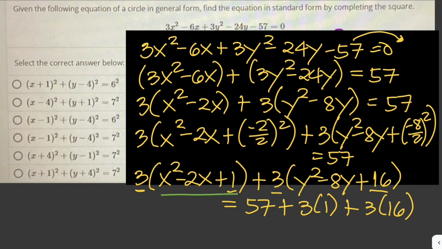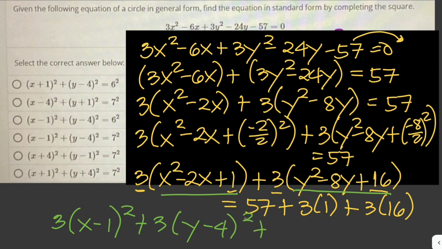Now we can write this as 3 times x minus 1 squared plus 3 times y minus 4 squared equals 57 plus 3 plus 3 times 16.